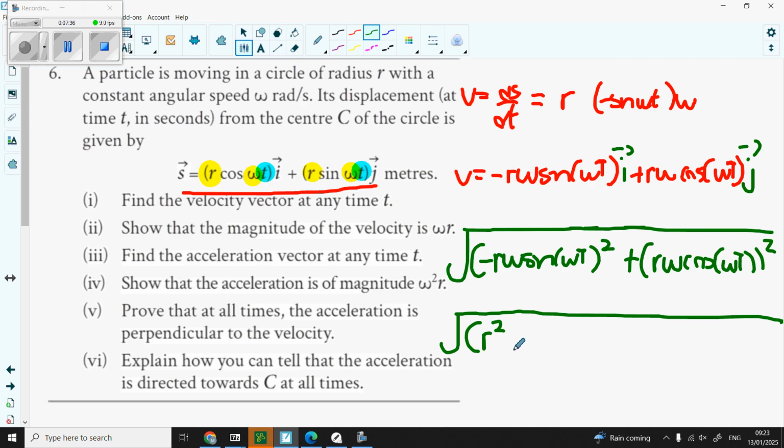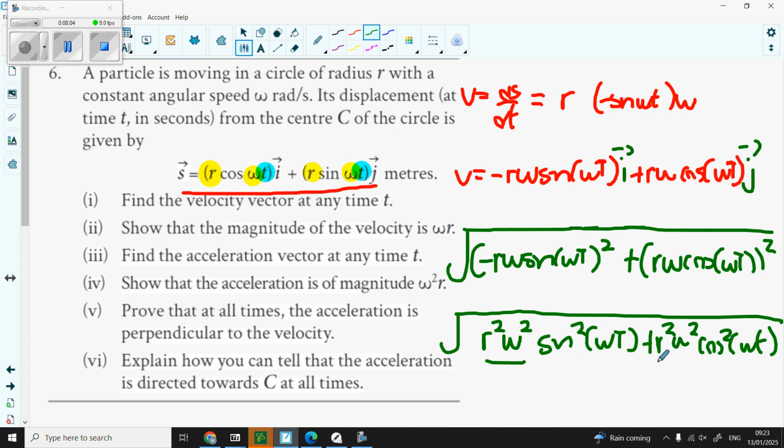Anybody? r squared omega squared sine squared omega t. And the other side? What do we think we get in the other one? r squared omega squared cos squared omega t.